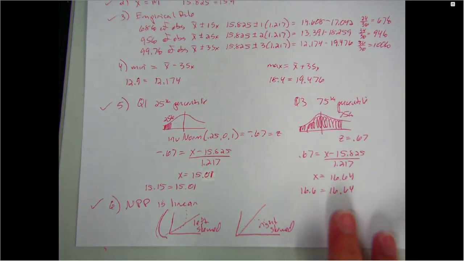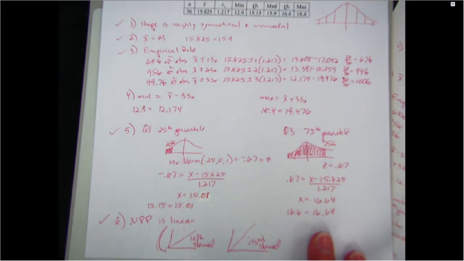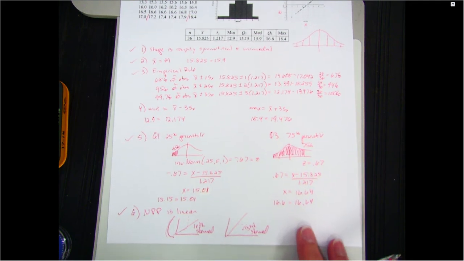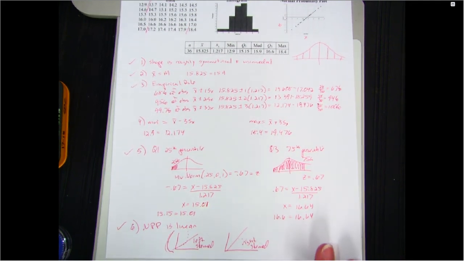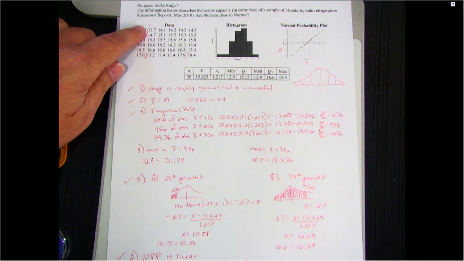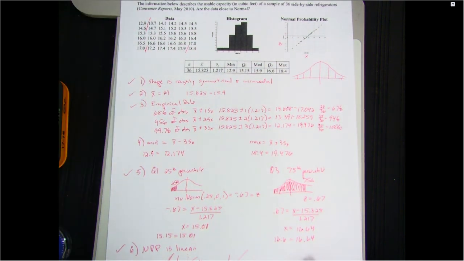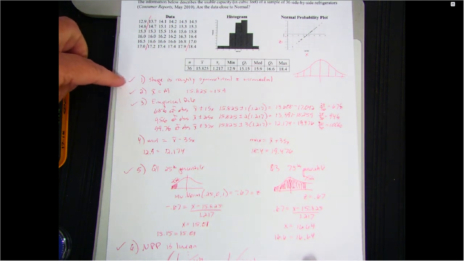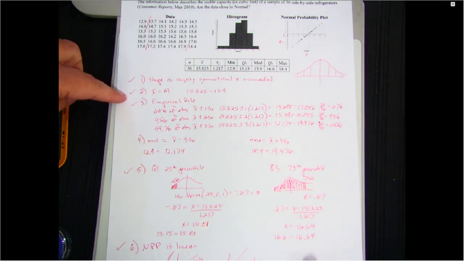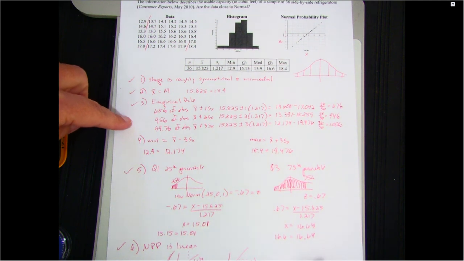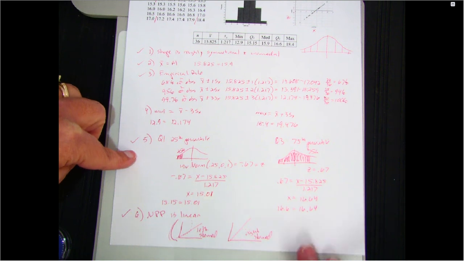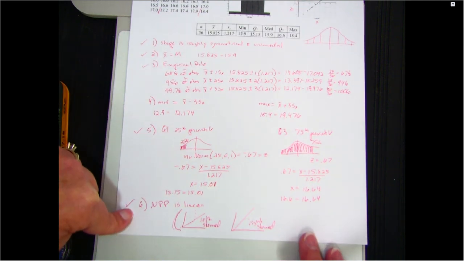Okay, so I have pretty good evidence here that my distribution is approximately normal. So I would say, yes, the distribution of usable capacity in cubic feet for my side-by-side refrigerators is close to normal because the shape is roughly symmetrical and unimodal, the mean and the median match, my data follows my empirical rule very closely, my quartiles match my 25th and 75th percentile, and my normal probability plot has a very strong linear trend to it, okay?